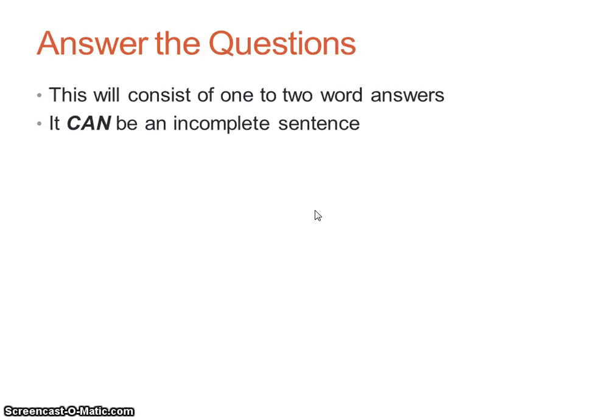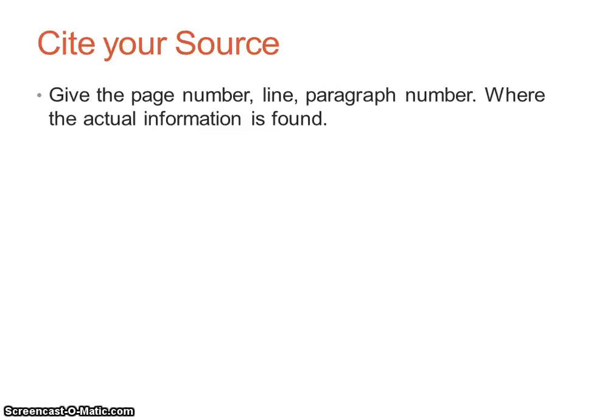In most of your classes, especially in language arts, and any class where you have to answer a question, most of your teachers require complete sentences for your answer. Some teachers will make you redo the question if you put one or two words. Well, in the A part of the ACE strategy, you can put the one or two words there. Just answer the question straight out, very quick. All right, what you think the answer is to the question.